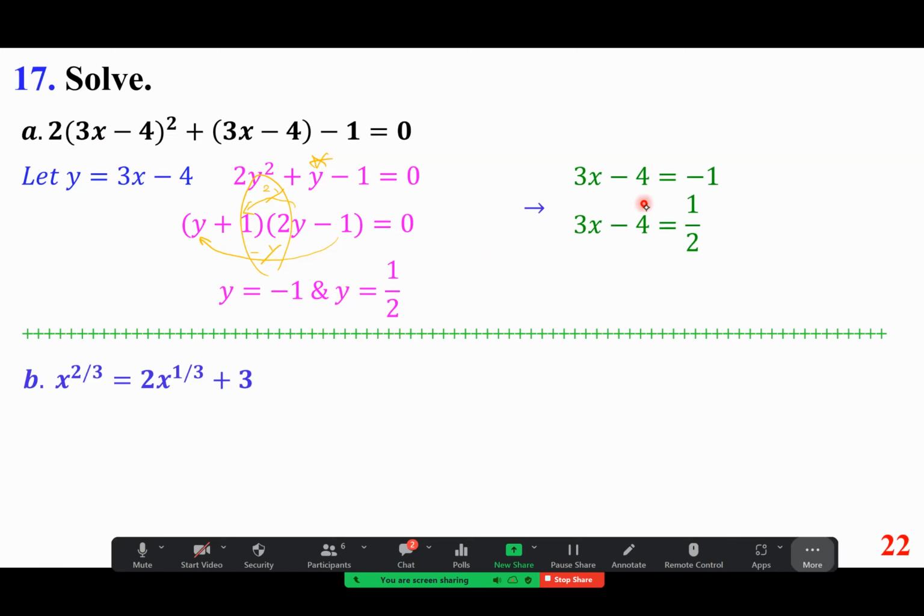To solve this, we're going to move the 4, so 3x equals 3, and therefore x equals 1. When we move this one, then 3x becomes, 4 is 8/2, so 9/2. If you divide by 3, it becomes 3/2. And that's why these are the 2 answers.